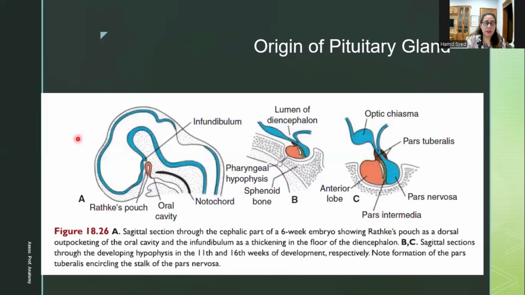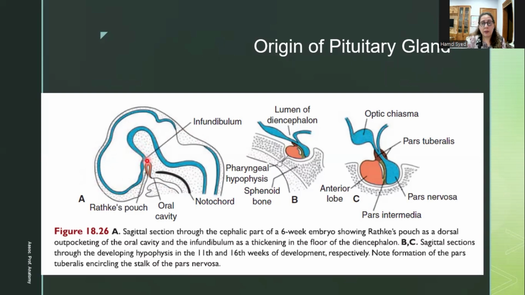So here is a series of diagrams taken from Langman's Medical Embryology. This first one is the sagittal section through the cephalic part of a 6-week-old embryo. Over here in blue is the region of the developing brain, and more specifically the region of the diencephalon, and you can see the infundibulum. It is a downward extension of the diencephalon.